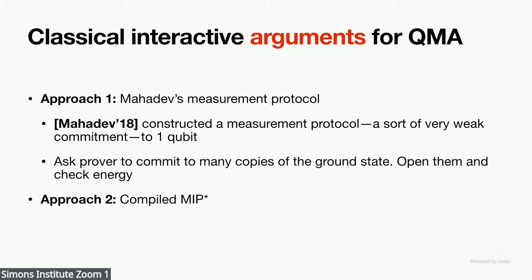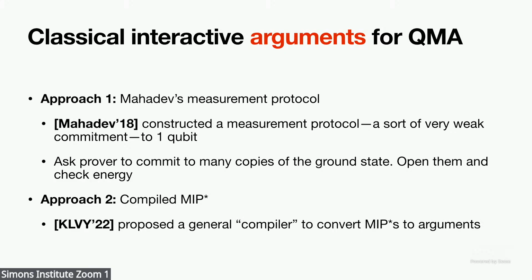Approach number two came a bit afterwards, which is to start from the two-prover interactive proofs and then transform them into arguments by some more generic procedure. In particular, there was a paper by Kalai, Lombardi, Vaikuntanathan, and Zhang in 2022 that proposed a general compiler that can take any MIP star interactive proof protocol and spit out a single prover interactive argument.